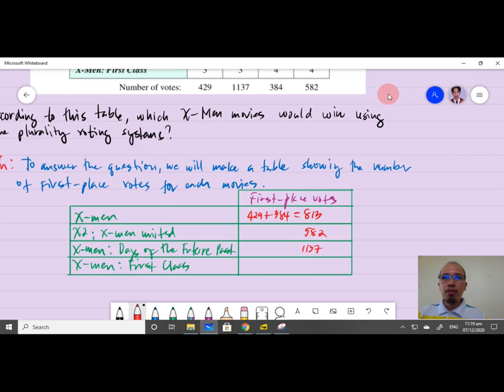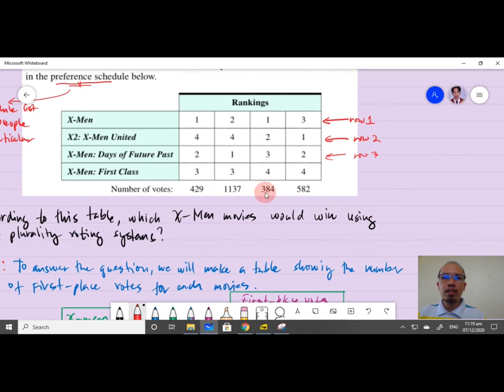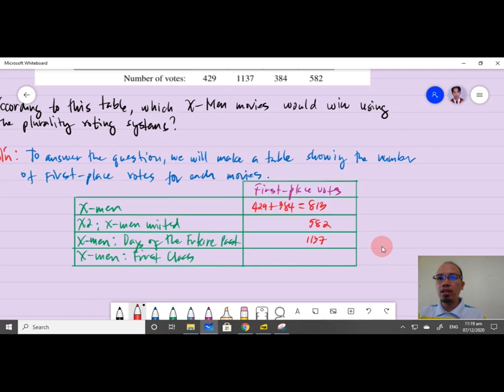For X-Men First Class, row number 4, you cannot see a 1 here, meaning there's no first place vote, so this is 0.